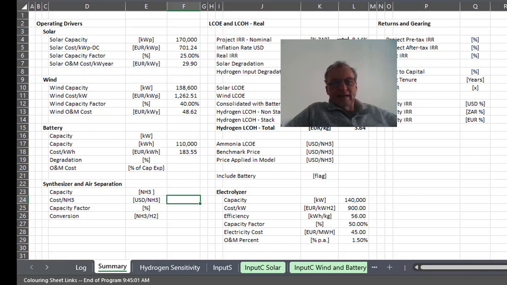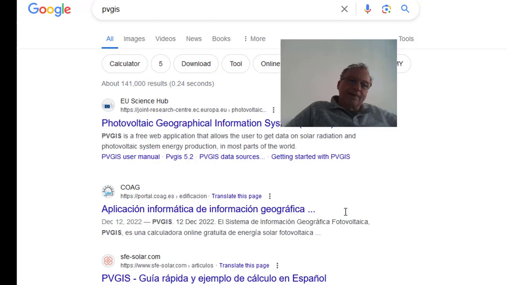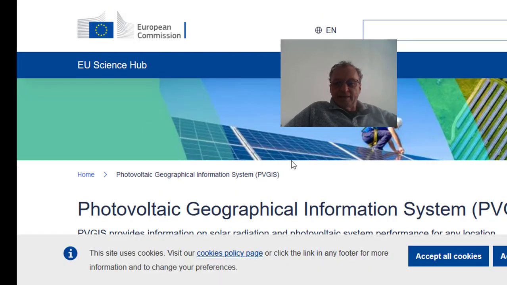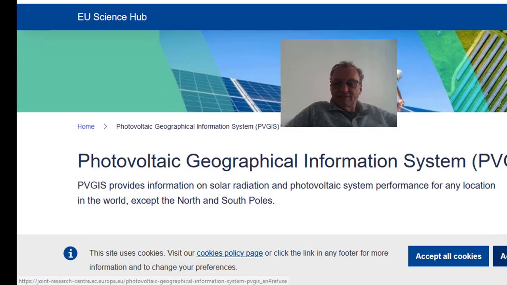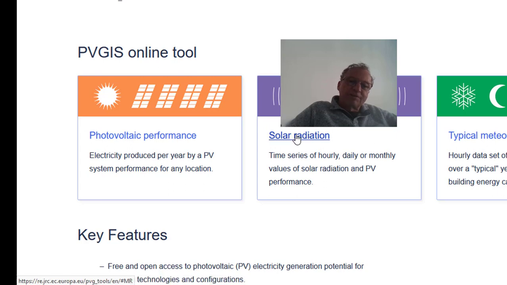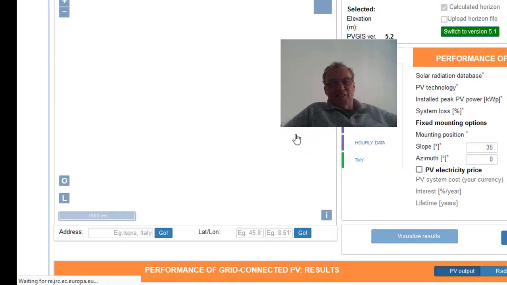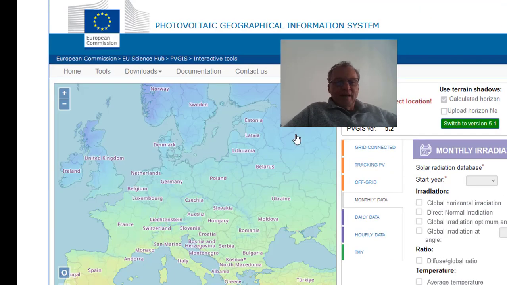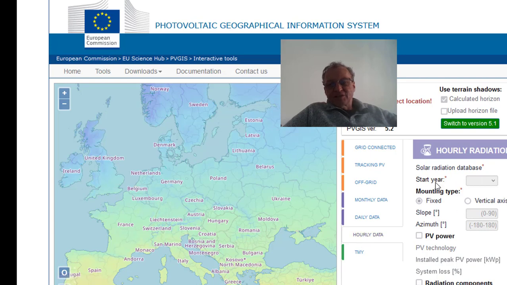That's the idea. Now, if you go to PVGIS and whatever, okay, and then we go down here, if you go to this solar radiation, it says solar radiation, and what we're going to do is not use it for solar. We're going to get the hourly data, and I'm not going to go through all this because I've already done it.